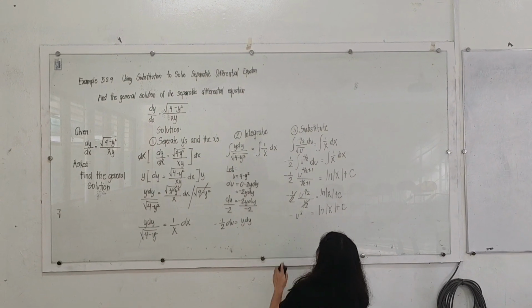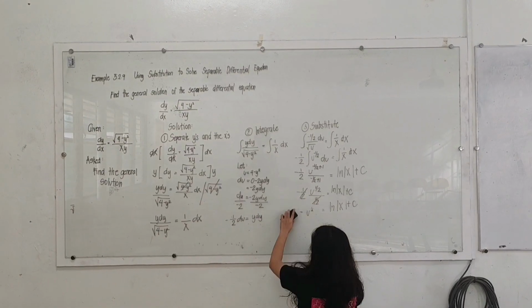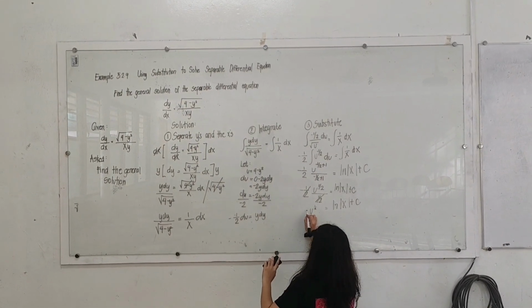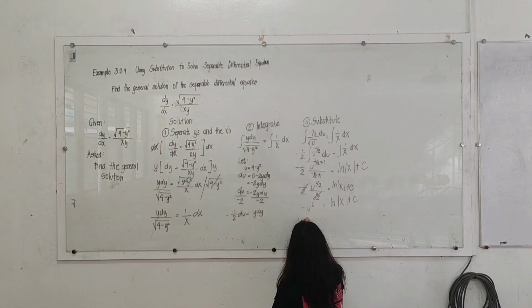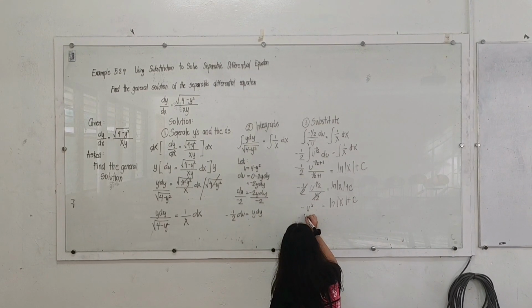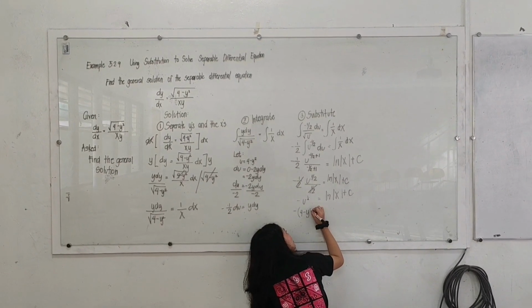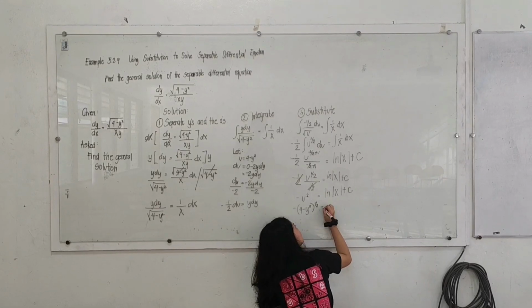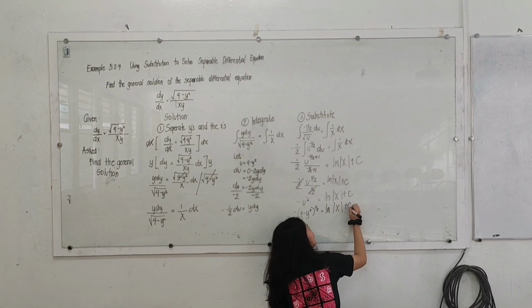Then, we substitute the value of our u, since here in our substitution, we let 4 minus y squared equal to u. So, negative 4 minus y squared to the 1/2 equals ln x plus c.